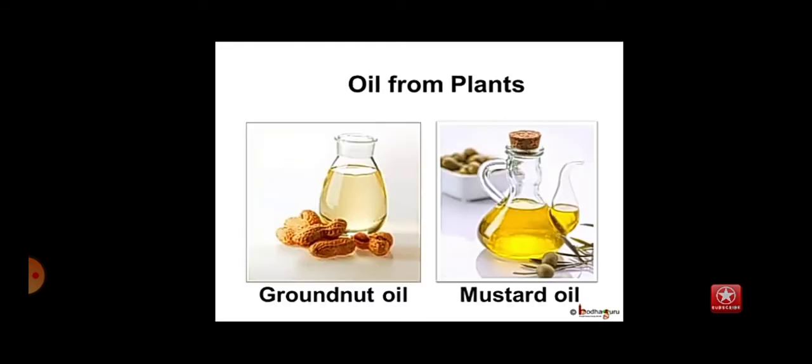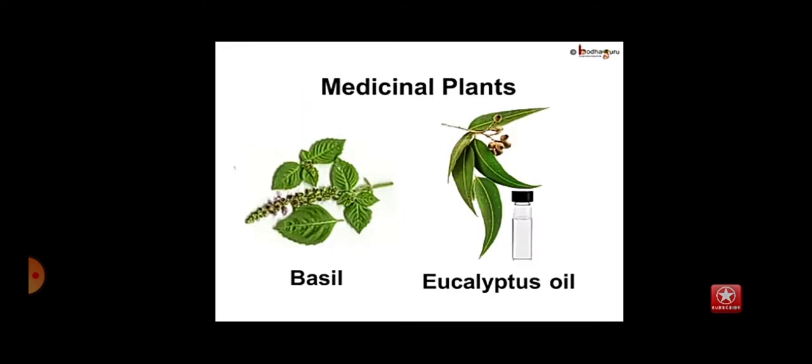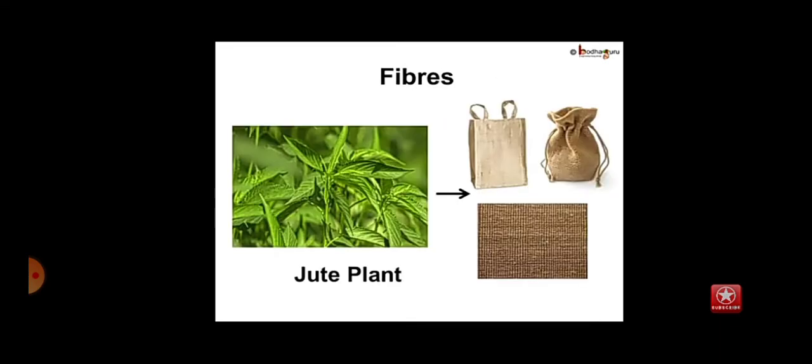For example, the groundnut oil, mustard oil, soya bean oil, olive oil, etc. Besides the food, we use some plants as medicines like tulsi or basil, and oil from the eucalyptus tree are used as cure for cold and cough.